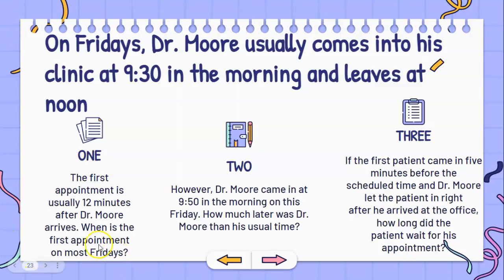These next problems you are going to do by yourself, so you can pause and do them. On Friday, Dr. Monroe usually comes into his office clinic at 9:30 in the morning and leaves at noon. The first appointment is usually 12 minutes after Dr. Monroe arrives. When is his first appointment on most Fridays?